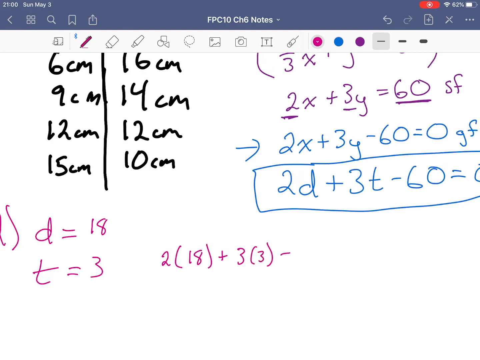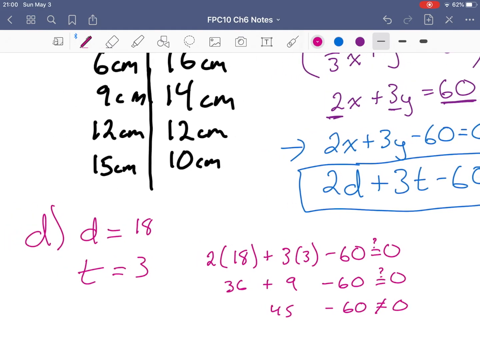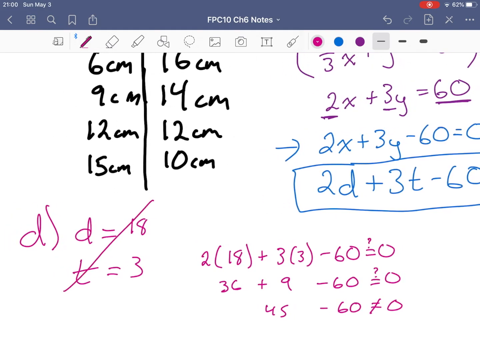So let's try it out. 2 times 18 plus 3 times 3 minus 60, does that equal 0? Well, 2 times 18 is 36, plus 9 minus 60, does that equal 0? 36 plus 9 is 45, minus 60 does not equal 0. So this does not work.